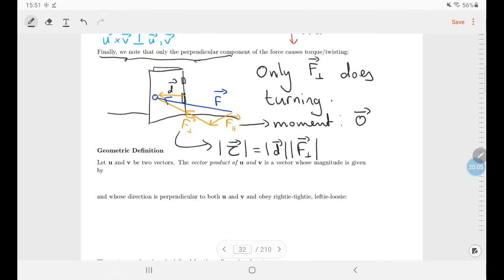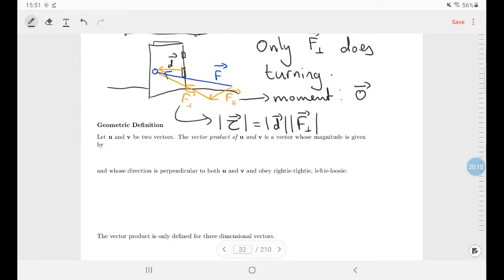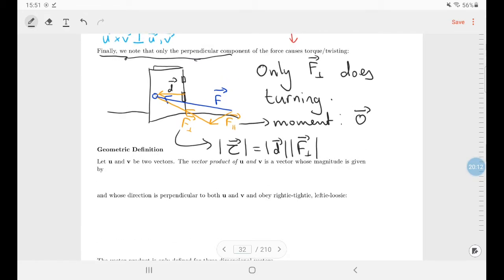So okay, let's go and write down a proper definition. So the vector product of u and v is a vector whose magnitude is given like this. I have to be very careful. I'm going to have to draw some more pictures here, and maybe I'll draw them down the bottom.